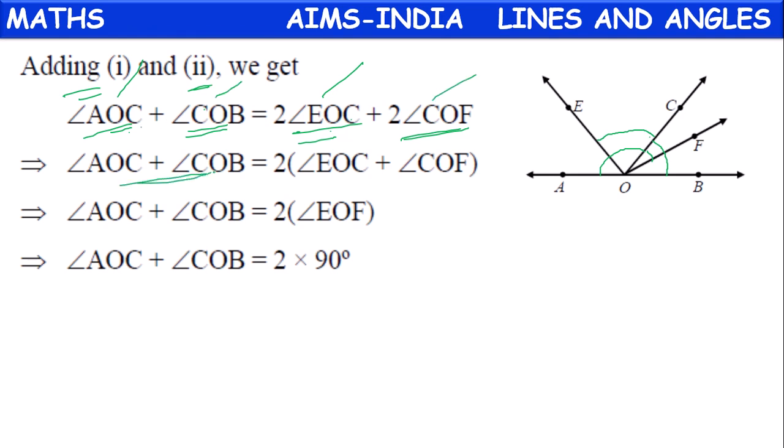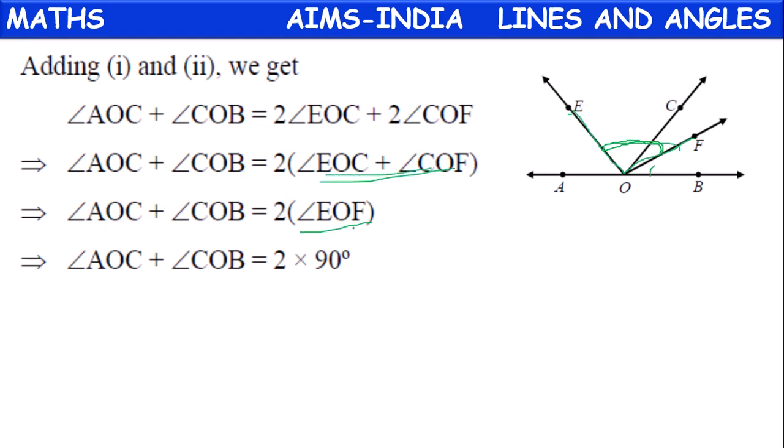So these two big angles equal 2 times the common (EOC plus COF). EOC plus COF is equal to EOF, the total angle. So instead of this, we can write EOF.